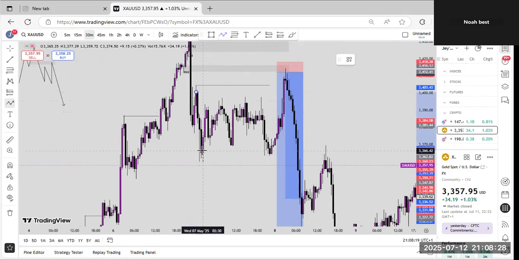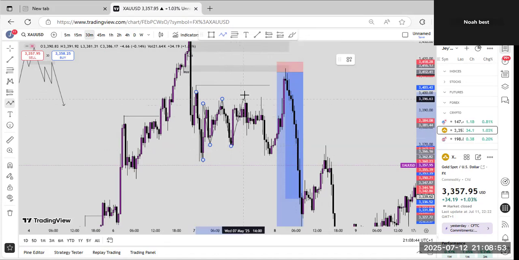It came to this zone, went up, came here, went up. It means this place is resisting price to what? Break past it. This is a support level. You know, price is downtrending. So if price is downtrending, it keeps breaking what? Support levels, key levels in the market.